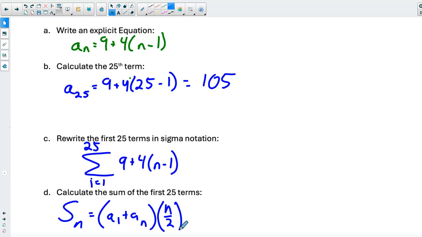So I'm going to plug 9 in. Plus, what's my 25th term? 105. Now, we kind of structure your test like this. Like, we want you to show us you know what you're doing, but we also don't need you to do the same calculation 10 times to show us that.